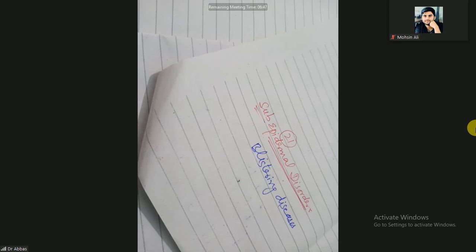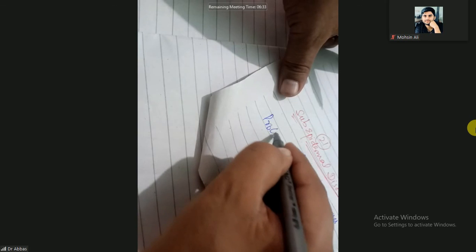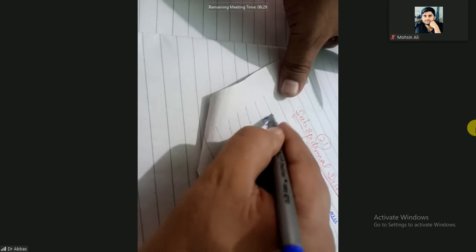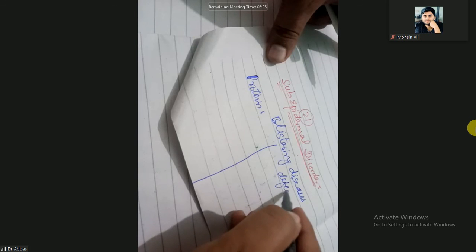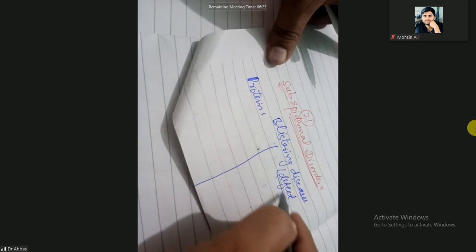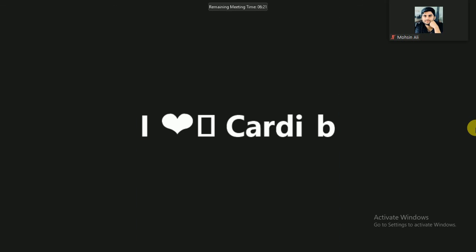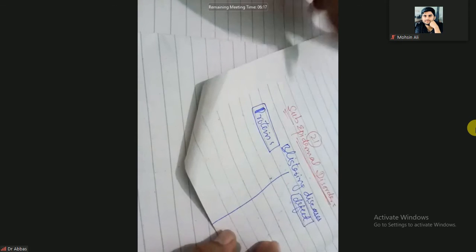Blistering disorders are the blistering disease. But here I am going to discuss some subepidermal disorders. Here there are proteins that are defective. You know, the dermoepidermal junction comprises different proteins.